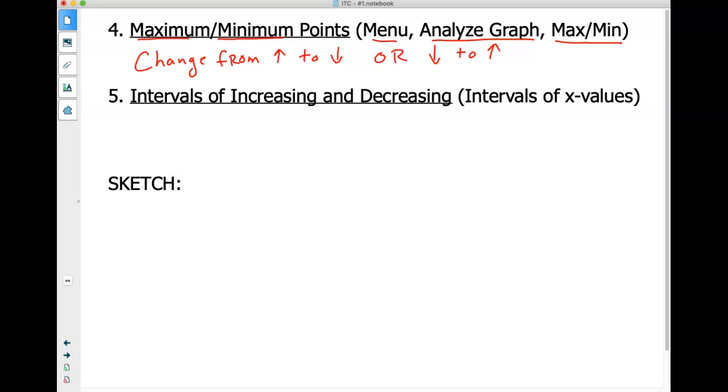Intervals of increasing and decreasing, well, they happen. This is part of the domain. Intervals of increasing and decreasing, that's part of the domain where the curve is going up or going down.